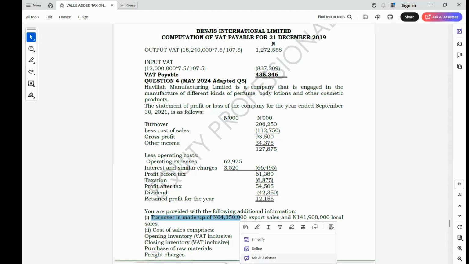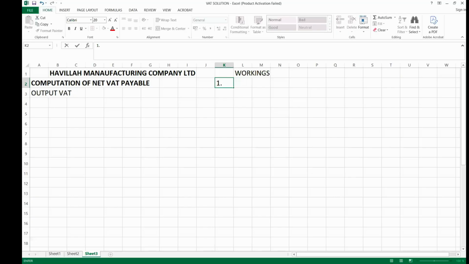So our output VAT will be local sales, 141,900, times 7.5%.